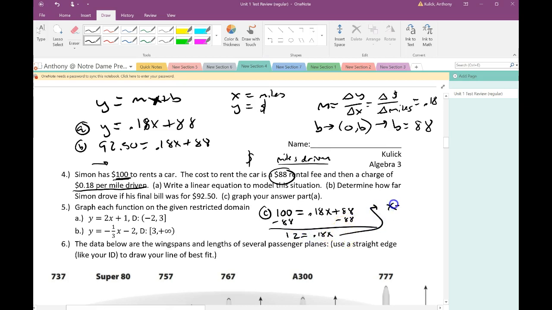And when I divide both sides by 0.18, I need a calculator. 12 divided by 0.18 is 66.6 repeating. So this tells me that my domain is going to be this. Okay so far, Abigail?